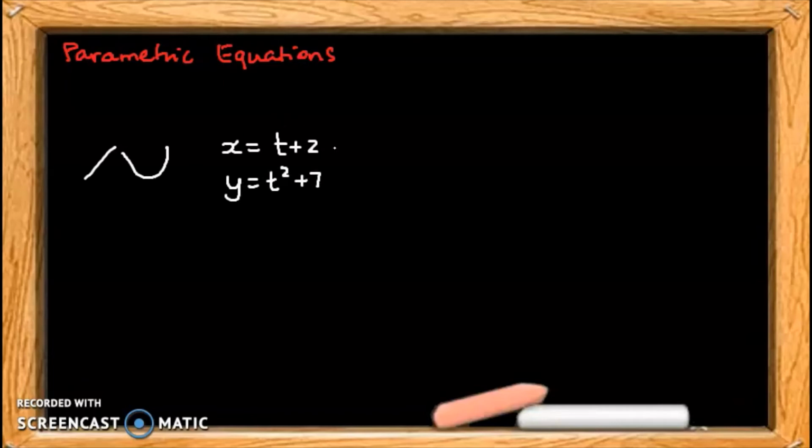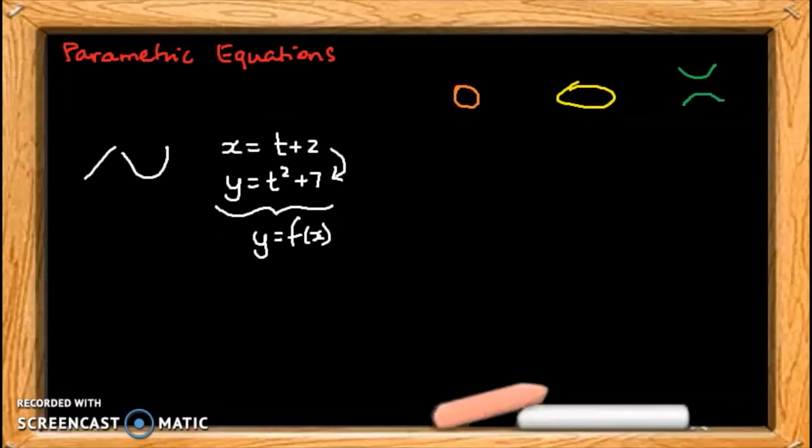When we rearrange this equation, we can substitute this into the equation for y and get some kind of y as a function of x. But we can also manage other types of equations. We can manage circles, we can manage ellipses, we can manage hyperbolas. And there are specific equations that we use when we manage these.